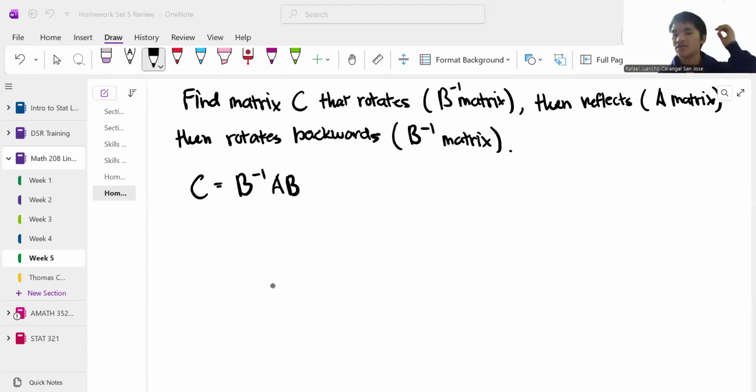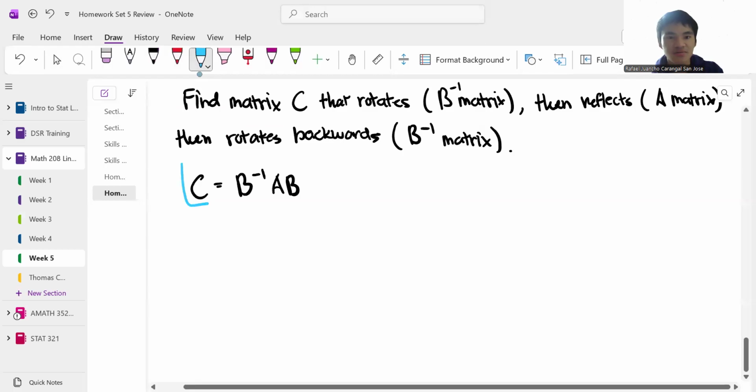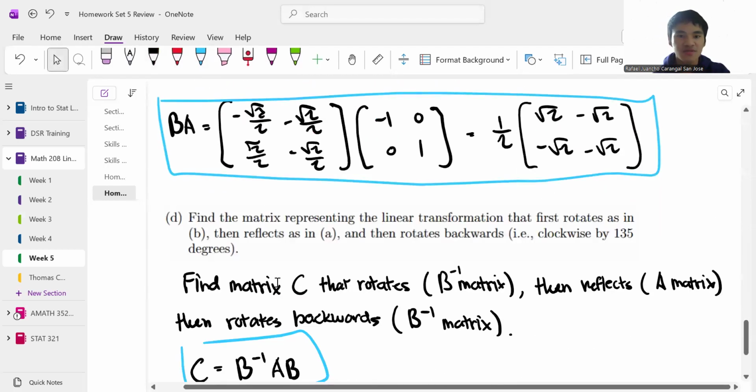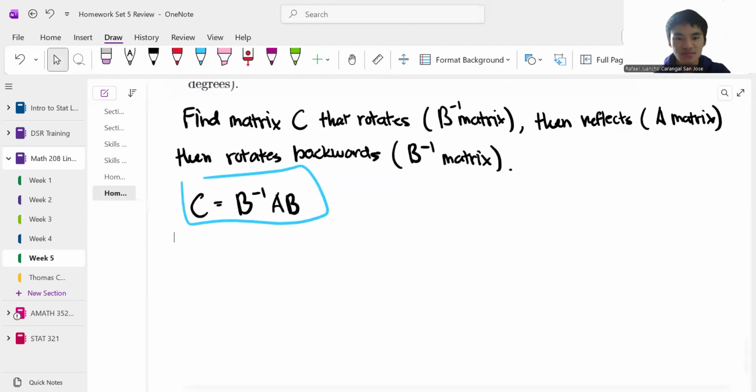And there's a nice way to get this B inverse. We just use a quick formula to get it. But then, yeah, we're going to get a C matrix out of it. And I'm not going to solve for that anymore. And then B inverse, I'm not going to solve for that anymore because we already know what that is. We can just use a quick formula to get it.